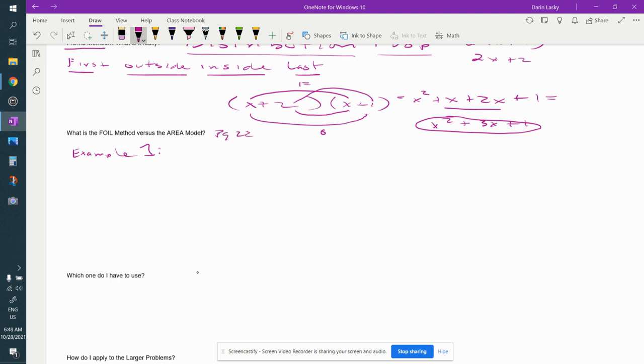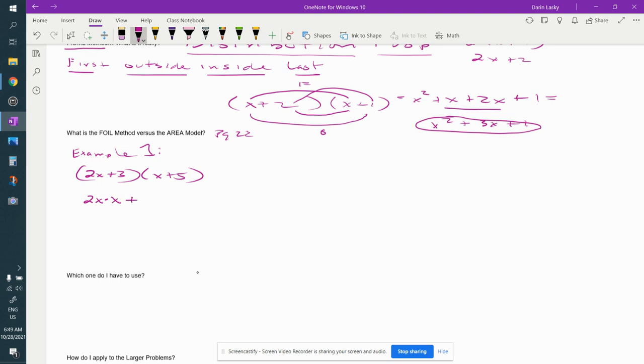So if we take that and we get 2x squared plus 3, and we take x plus 5, we're going to take our idea of FOIL method, and we're going to do our first, which is 2x times x. So we get 2x times x. That's our first.